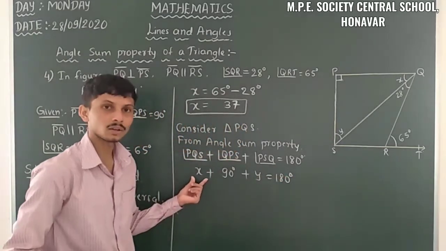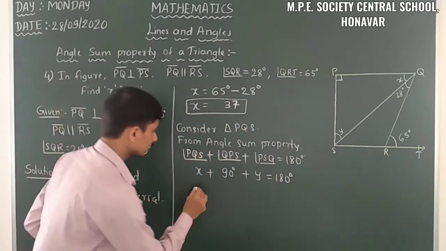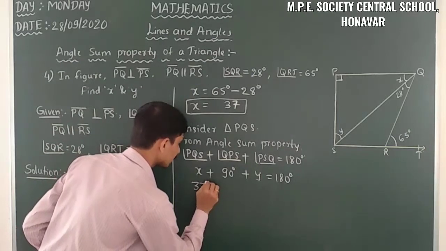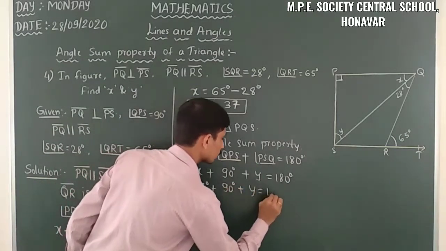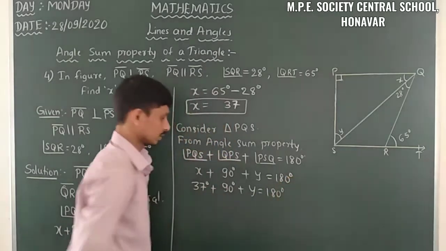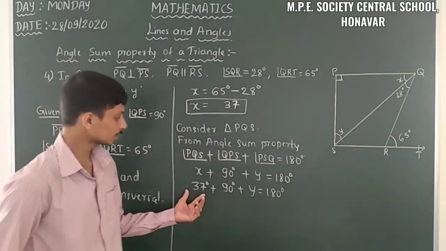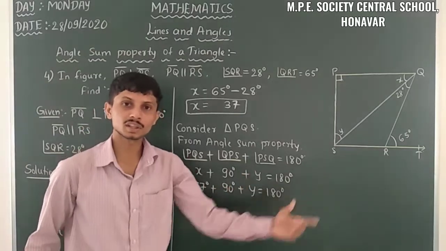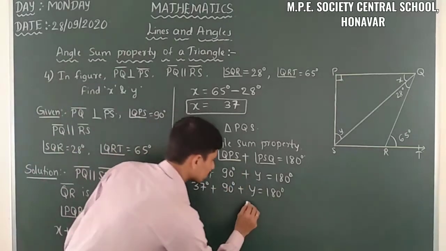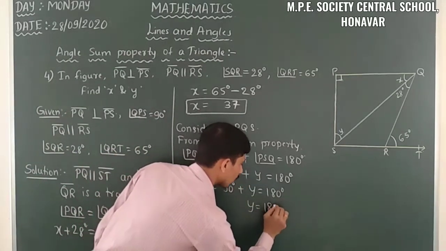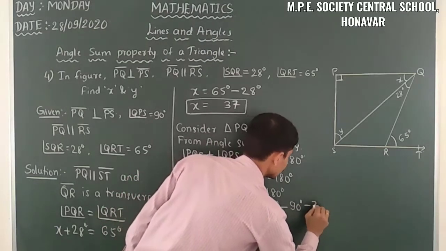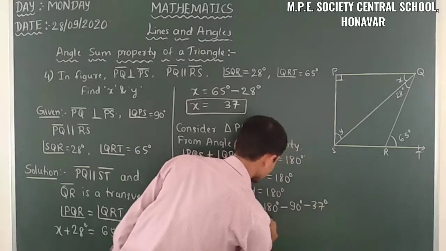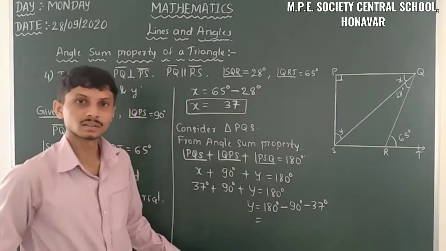We have the value of x here: x is equal to 37 degrees. So 37 degrees plus 90 degrees plus y is equal to 180 degrees. I will transpose the 37 and 90 degrees to the RHS. So y is equal to 180 degrees minus 90 degrees minus 37 degrees.